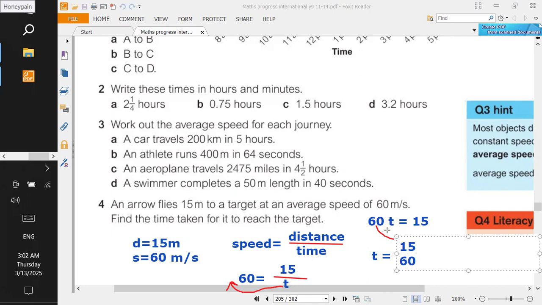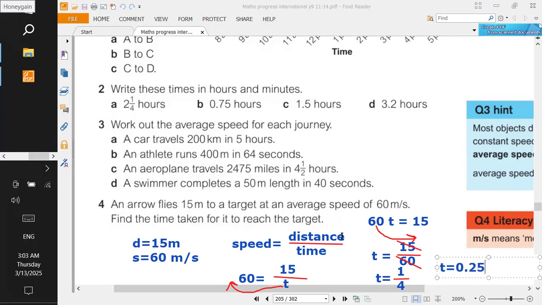And then I'm going to simplify this using a calculator or simplifying method. Divide 15 by 15 is going to be 1, and 60 divided by 15 is going to be 4. So the final answer is 1 over 4. So t equals 1 over 4, a quarter of an hour, or a quarter of a second. So t will equal 0.25.